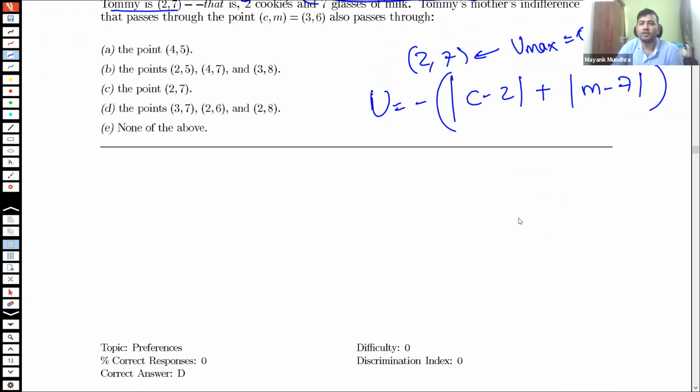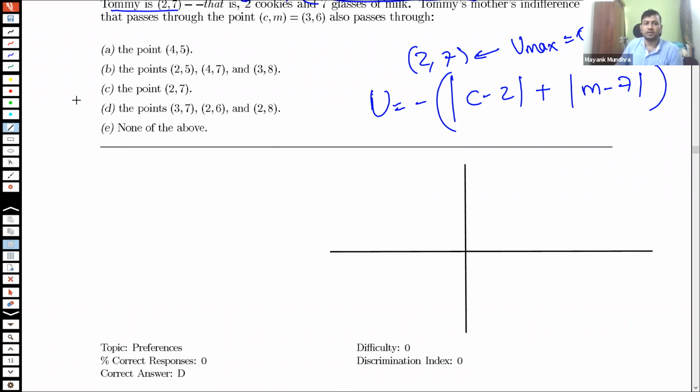Now I want to look at what happens to the ICs. I want to draw the ICs and look at them. First of all, I look at the point 2,7, and draw the horizontal and vertical lines along it.